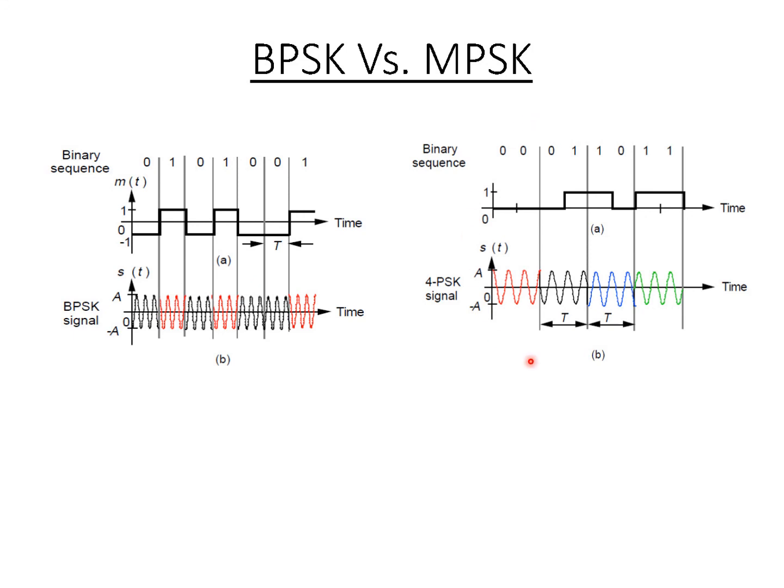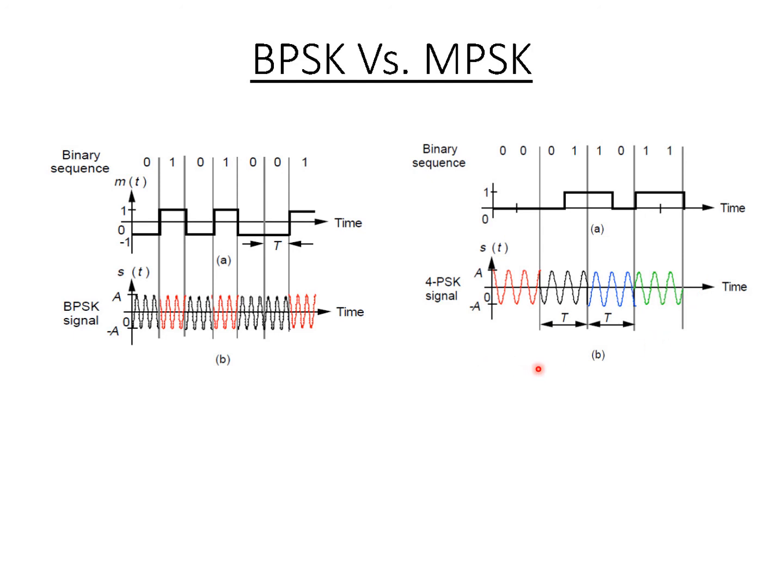So in the right side figure, this is showing a 4 PSK signal. In this one, the signal has 4 different phases, and it is representing 4 symbols. The first one is 00, second one is 01, third one is 10, and fourth one is 11. So the 00 symbol will have a phase, then the 01 symbol will have a different phase, the 10 symbol will have a third phase, and the 11 symbol will have a fourth phase.